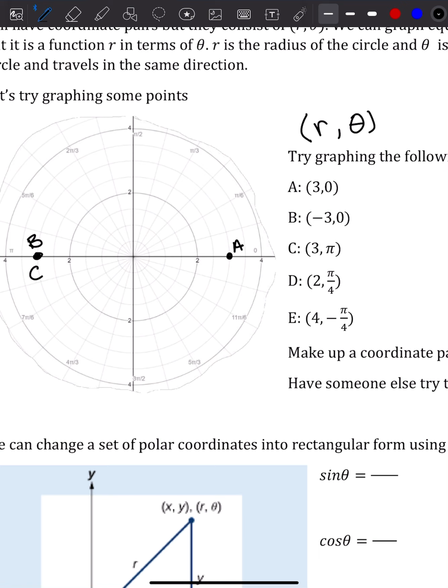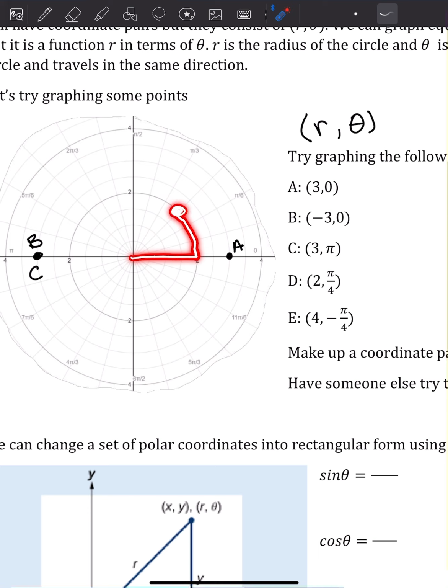The next one that we are going to do is (2, pi over 4). So we're looking at a radius of 2, so we're on this circle right here. And then going from the positive direction, I now need to go pi over 4. Pi over 4 is going to be right in that middle part.